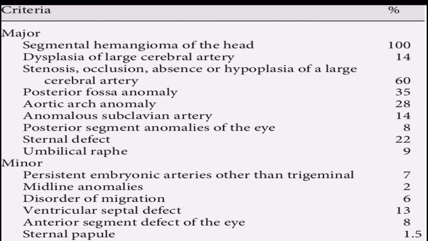The major criteria are segmental hemangioma of face or head, dysplasia of large cerebral arteries, stenosis, occlusion, absence or hypoplasia of large cerebral arteries, posterior fossa abnormalities, aortic arch abnormalities, anomalous subclavian artery, posterior segment anomalies of the eye, sternal defect, and umbilical raphe.